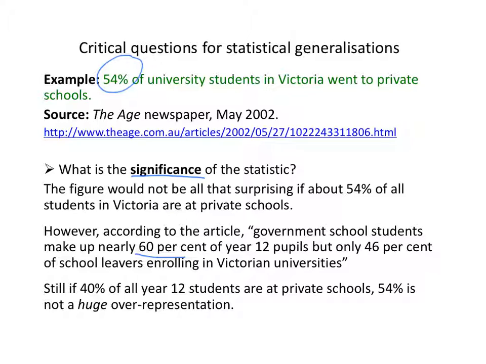So it does look like we have an over-representation, if you like, of private school students at universities in Victoria, but not a huge over-representation. There's the difference between 40% and 54%. So that puts the statistic in some kind of context and tells you something about its significance, about its meaning.